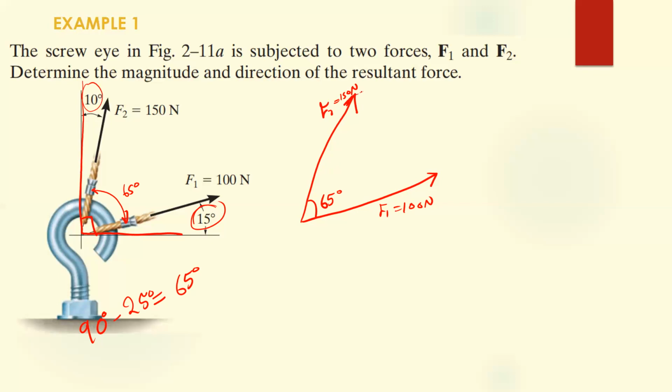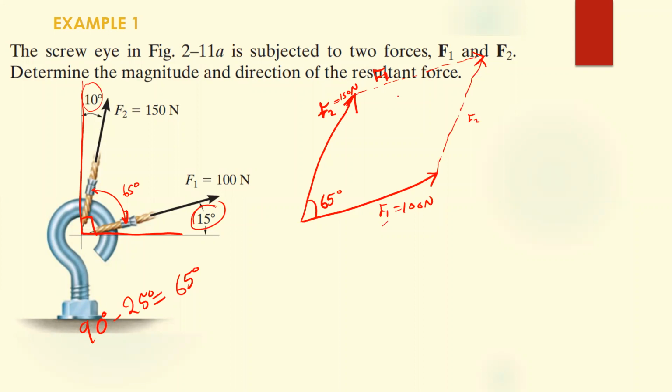I'm going to draw the parallel vector to F1, so it will be like that. Then the parallel vector to F2 will also be like that. If this is F2, this is also F2. If this is F1, this is also F1.